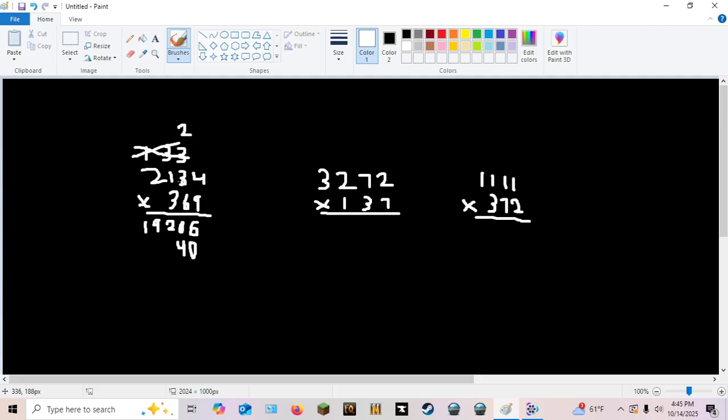Now 6 times 3 is 18. 18 plus 2 is 20. Now 6 times 1 is 6. 6 plus 2 is 8. Now, what is 6 times 2? 6 times 2 is 12.